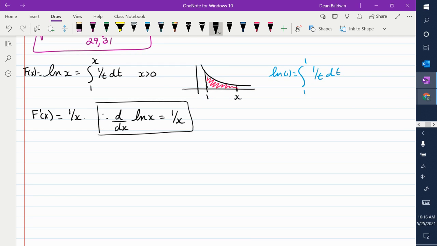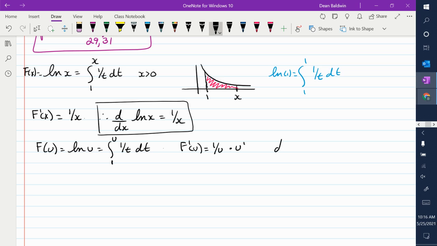Now, if I said replace the x with a u, which could be any function, then f prime of u is going to be 1 over u times the derivative of whatever u was, so u prime.